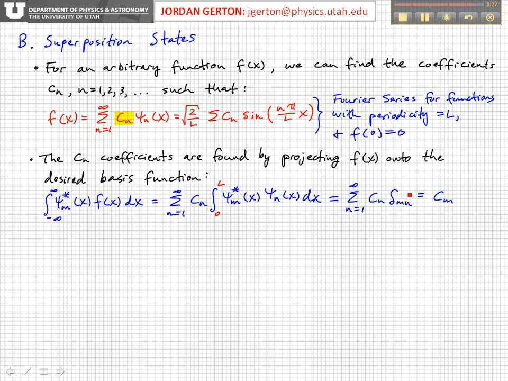This Kronecker delta function is only non-zero, it's equal to 1, when m equals n, and so the only term in this sum which contributes is the mth one, and so we get c sub m. Okay, and so that's how you find the coefficient c sub m: you basically project the function onto the corresponding eigenstate or eigenfunction.